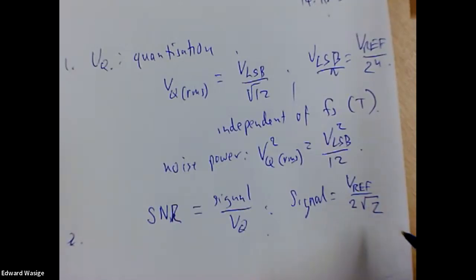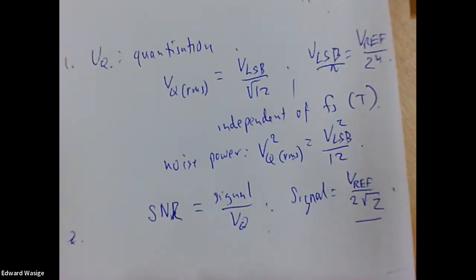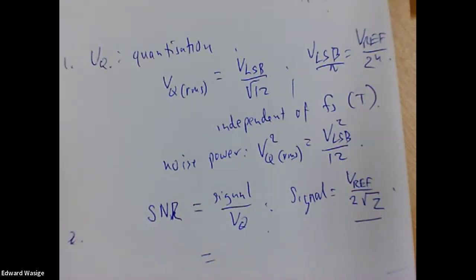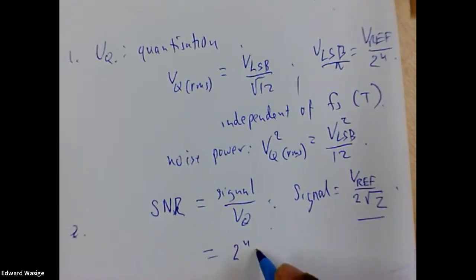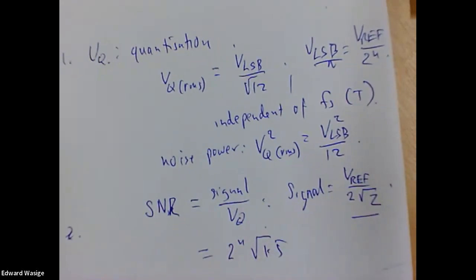And if we get the RMS value of that, the signal is equal to that. And therefore, the signal to noise ratio, we work that out. I'll just get the value from my handout. But that worked out to 2 to power n root 1.5.